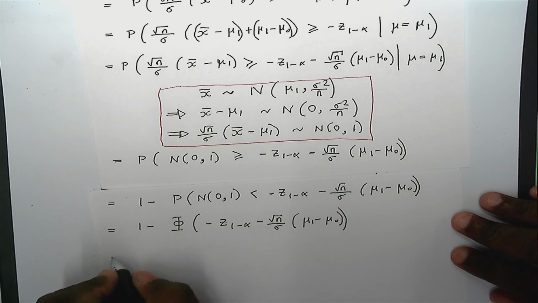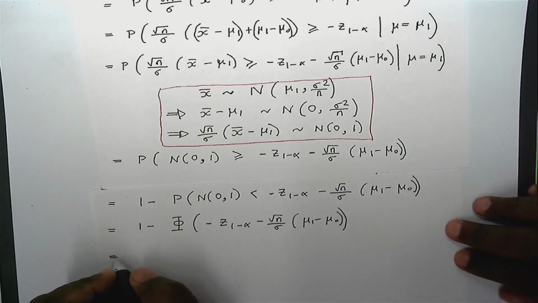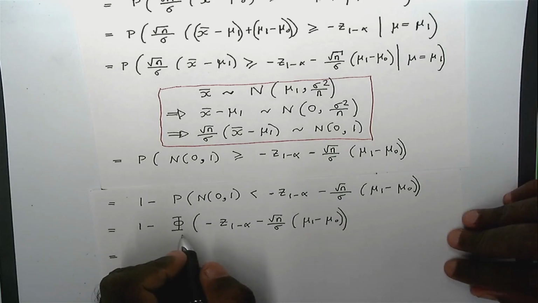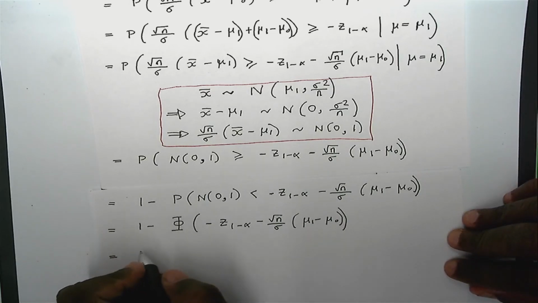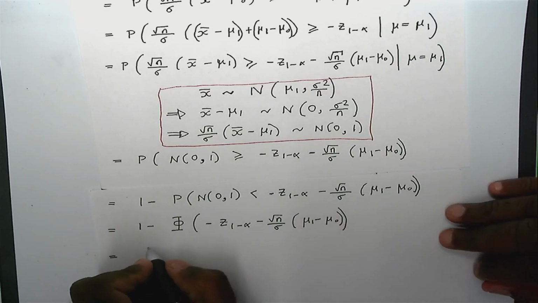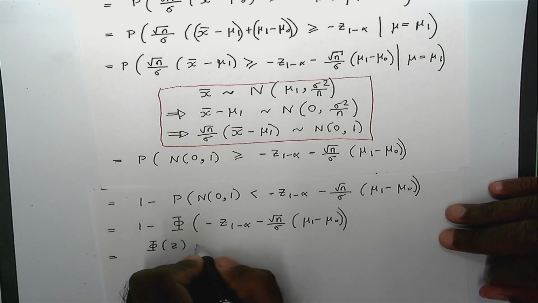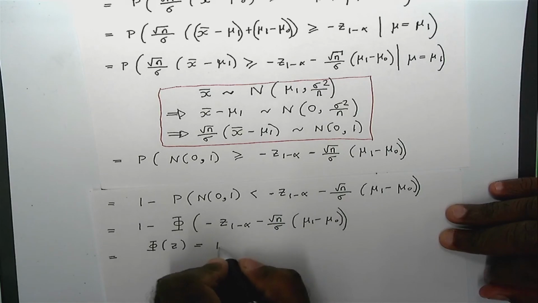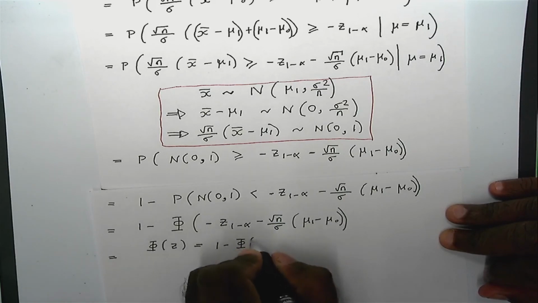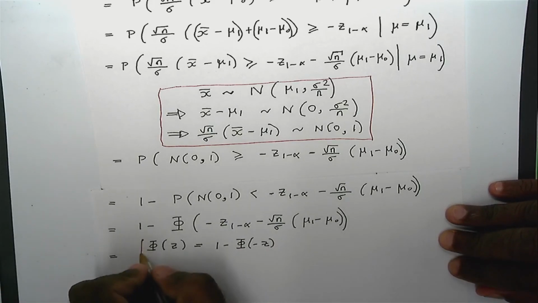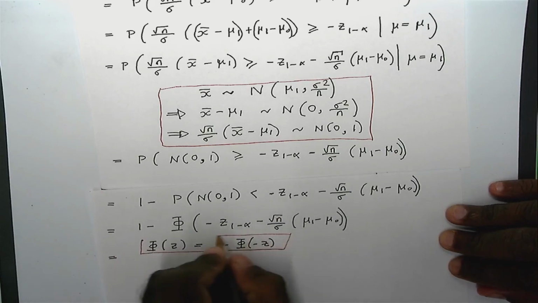Right, in the next line I'm going to use a property of phi that I gave you guys. I don't know whether you remember that. One of the properties I gave you in the video of normal distribution is that you can write phi of z as 1 minus phi of minus z. This is a property I mentioned to you, you may recall.